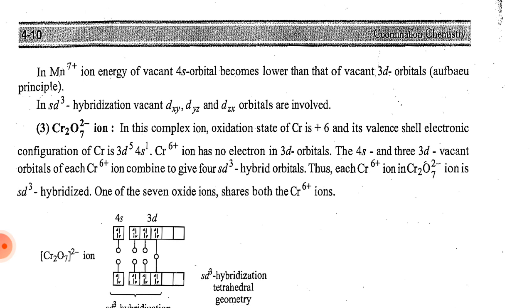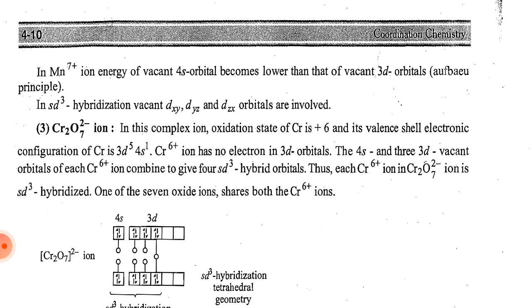Cr2O7 2- ion. In this complex ion the oxidation state of chromium is +6 and the valence shell electronic configuration of chromium is 3d5 4s1. Chromium 6+ ion has no electron in the 3d orbitals. The 4s and 3d vacant orbitals of each chromium 6+ ion combine to give 4 sd3 hybrid orbitals.